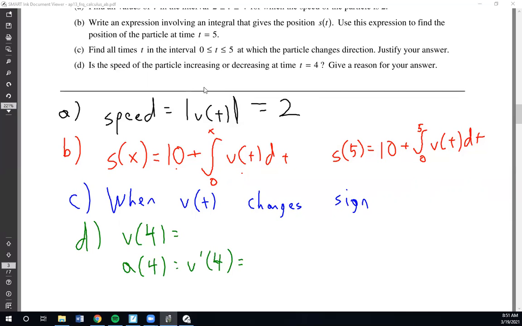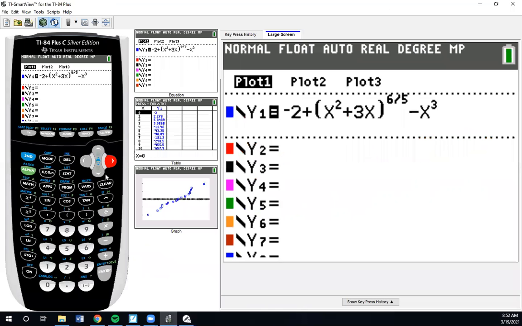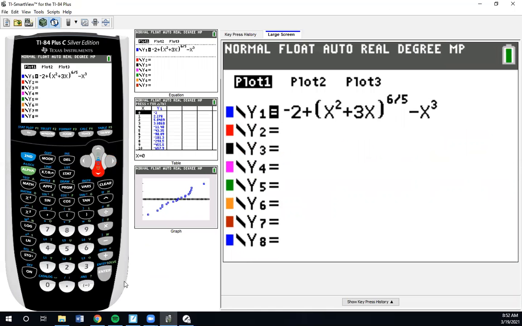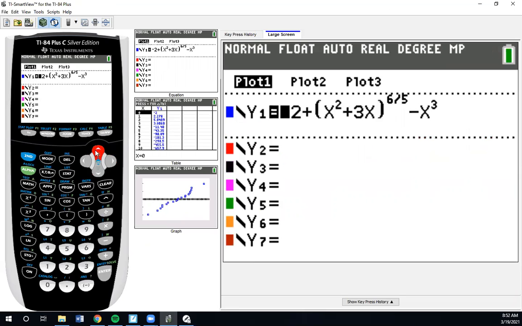So part A. In part A, I want to know where the absolute value of velocity is 2. So here's my velocity graph. So here's what I'm going to do, is I'm going to turn y1 off because I'm not interested in it. I'm not interested in velocity right now. I'm interested in the absolute value of velocity. So I'm going to turn y1 off.